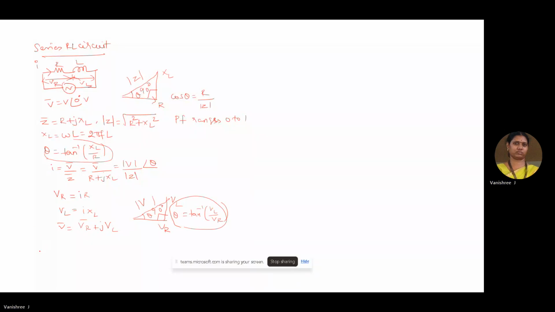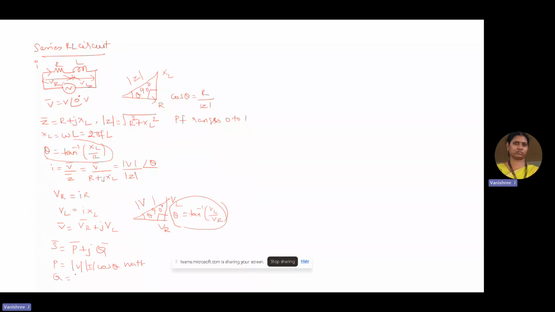And then if we need to determine the value of power, of course, the power is a complex power, which is denoted by P plus jQ. P is equal to modulus of V into modulus of I into cos theta, where V and I are RMS values, and real power is measured in watt.